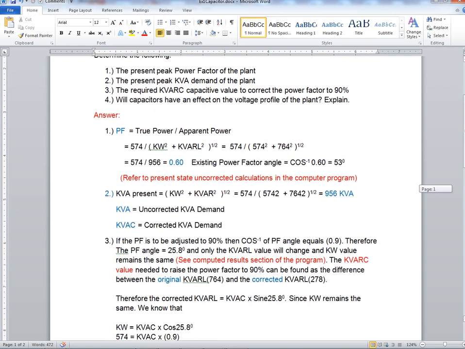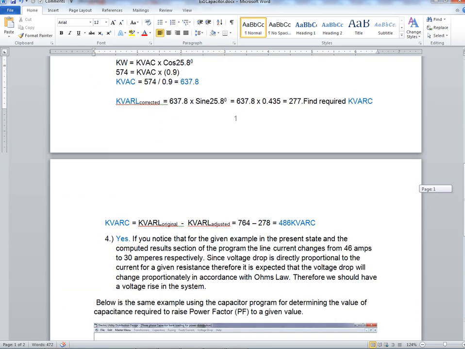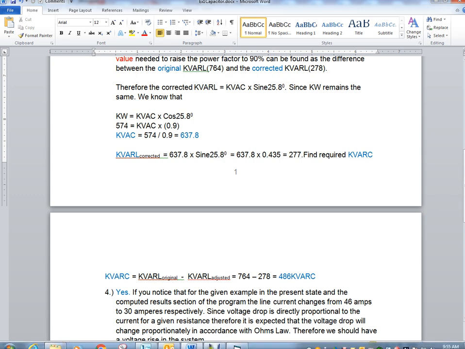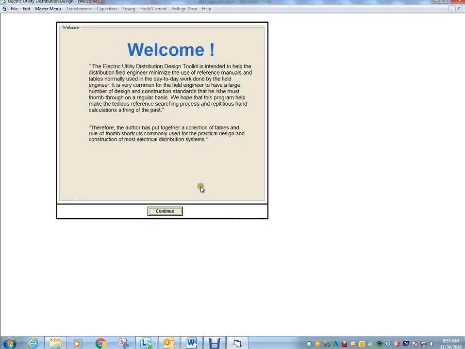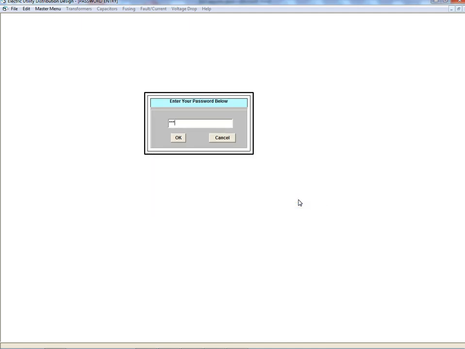It's numbers, but it doesn't really give you a good feel for what it looks like when you're really working this out. So what we're going to do is use the actual program to do this.